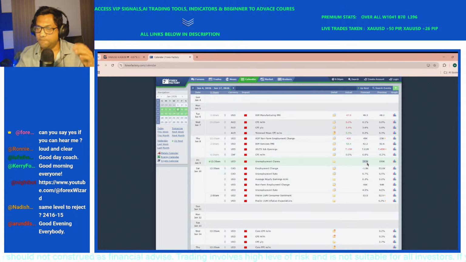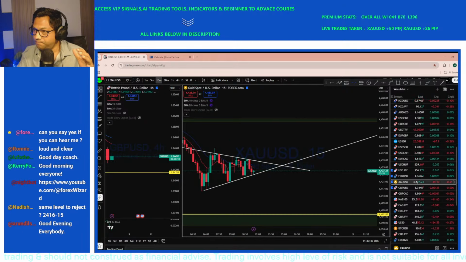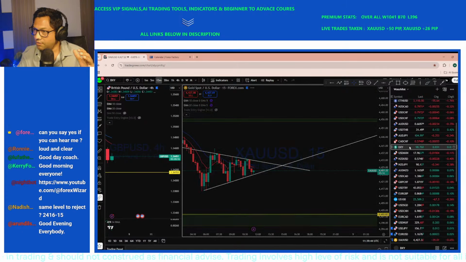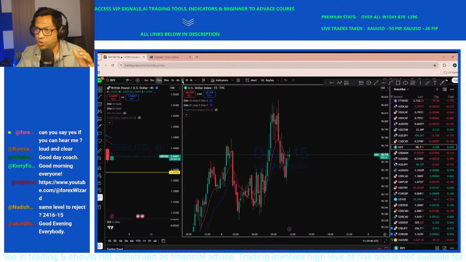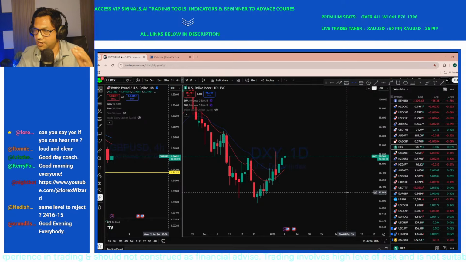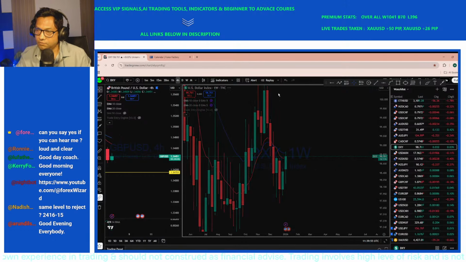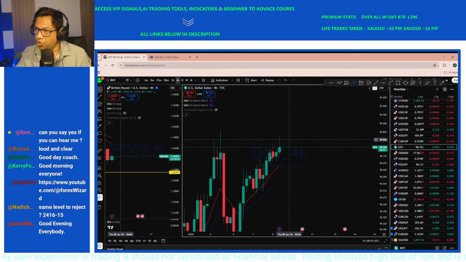So I would like to see what's your view on that, because if you look at the DXY, the daily price action is trying to push back above. So far here it is bullish.